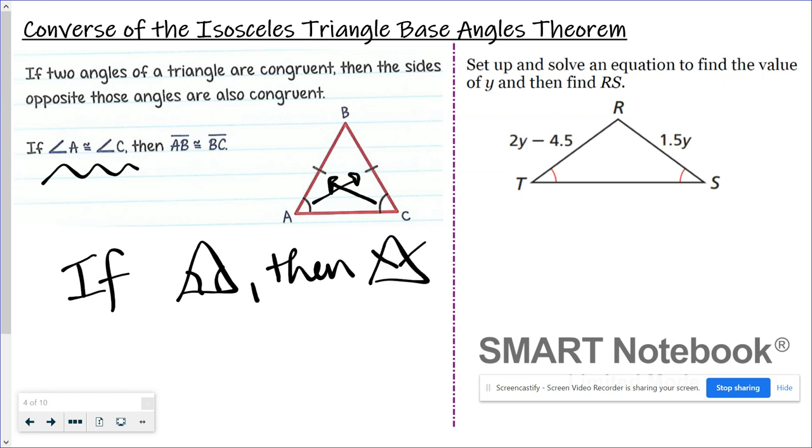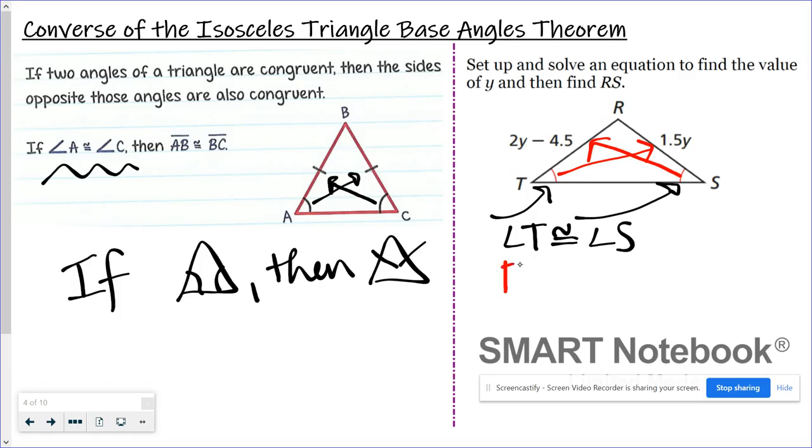So if we look at the example on the right, these arc marks here are indicating that angle T is congruent to angle S. So what that means, according to the converse of the isosceles triangle base angles theorem, is the sides opposite those angles are congruent.